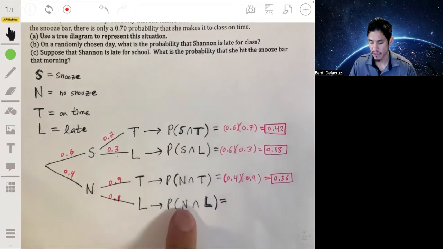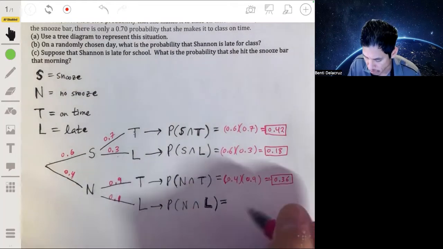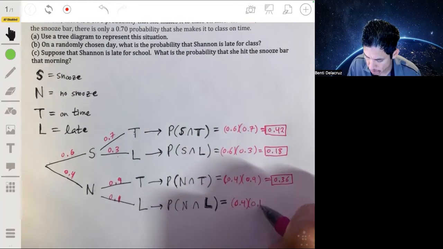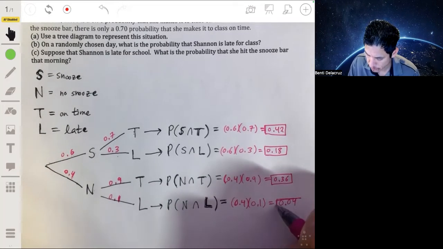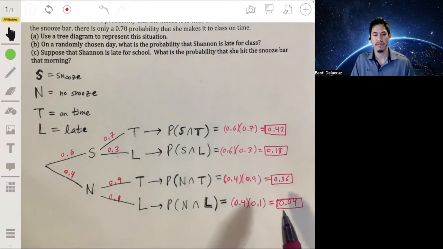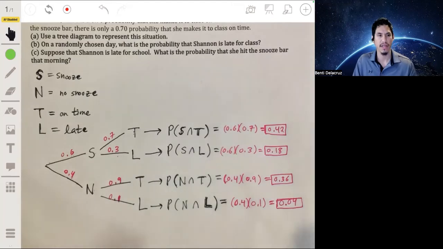And the last one, the probability she doesn't hit the snooze bar and is late, you do 0.4 times 0.1. So there's the multiplication rule in action. Now that we got our tree diagram done, we can answer these questions.